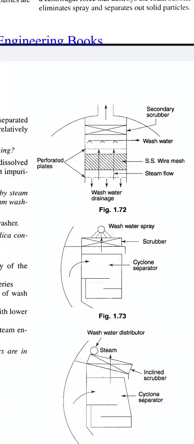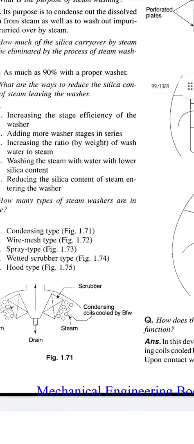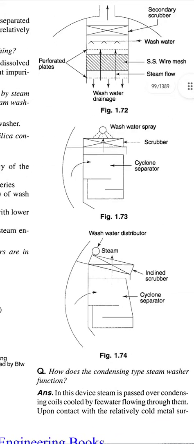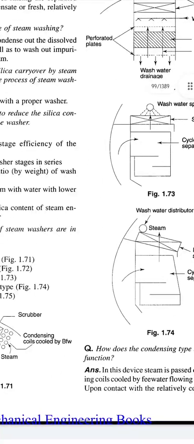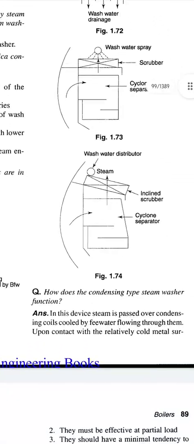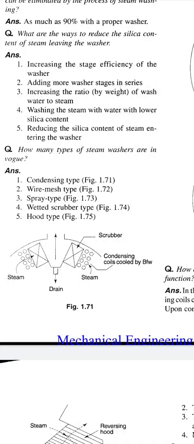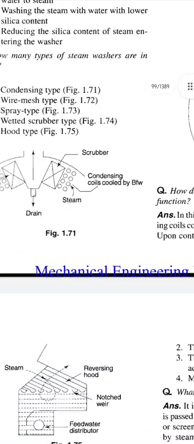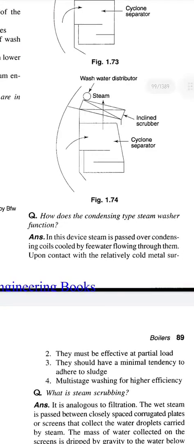Perforated plates are available. So in next diagram we can see 1.73 spray type. In this spray type, the wash water spray is from the top, and scrubber is available below the water wash spray. Cyclone separator is available in the middle of the washer. So in the next diagram 1.74 is wetted scrubber type. In the wetted scrubber type we can see the wash water distributor in the top of the diagram, and inclined scrubber is available, cyclone separator is available.